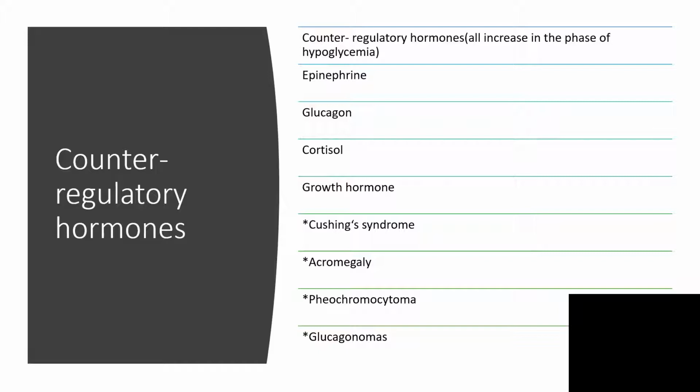The glucose level can also shoot up under some conditions like Cushing syndrome, acromegaly, pheochromocytoma, and glucagonomas. So when all these are high in people, the glucose level will not be down, rather they will have diabetes because the glucose level will be very high.